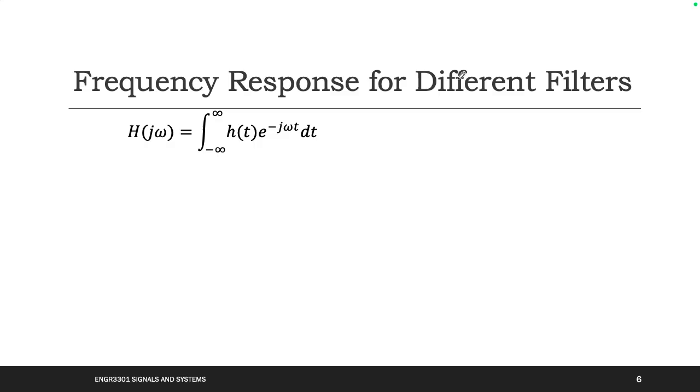If you want a low pass filter, what does that mean? Pass the low frequency, which means I just want to get the low frequency signal. I don't want to get this one. Then you need to try to remove this one.